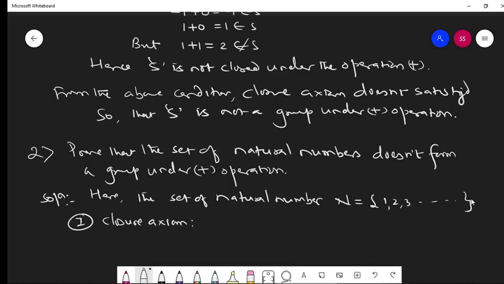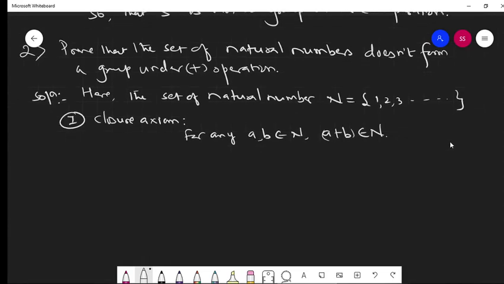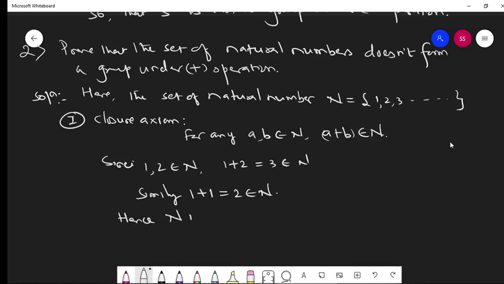For the closure axiom, for any a, b belonging to N, a plus b also belongs to N. We can verify this: since 1, 2 belong to N, 1 plus 2 equal 3 also belongs to N. Similarly 1 plus 1, the same element, equal to 2 also belongs to N. Hence N is closed under the operation plus.